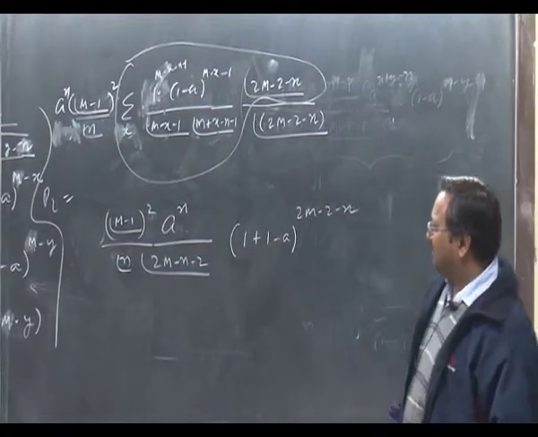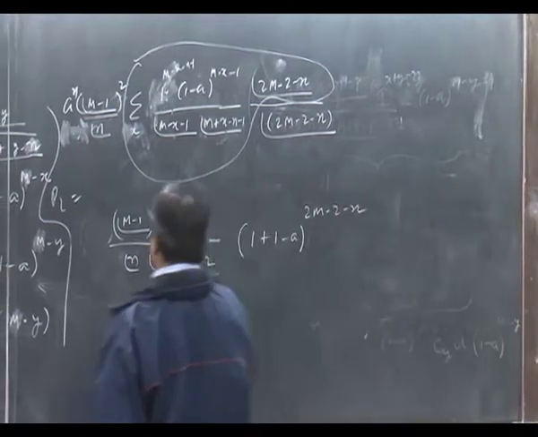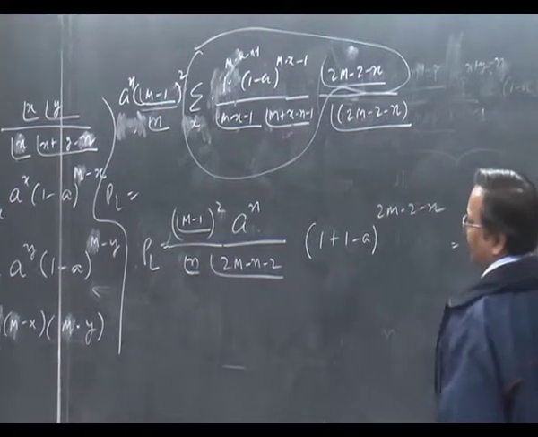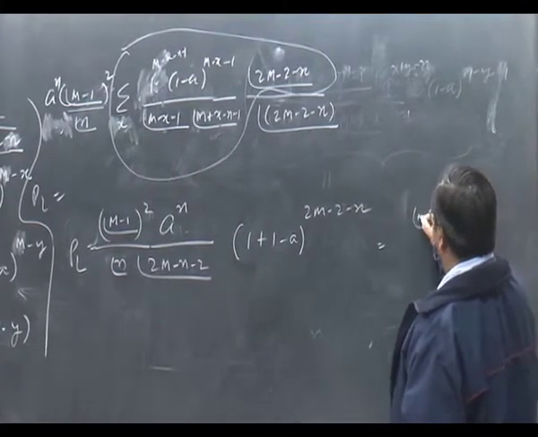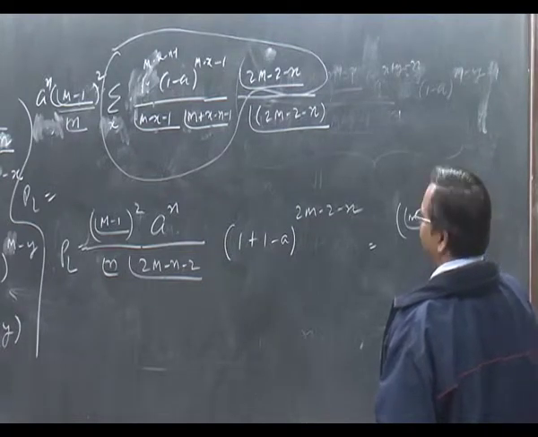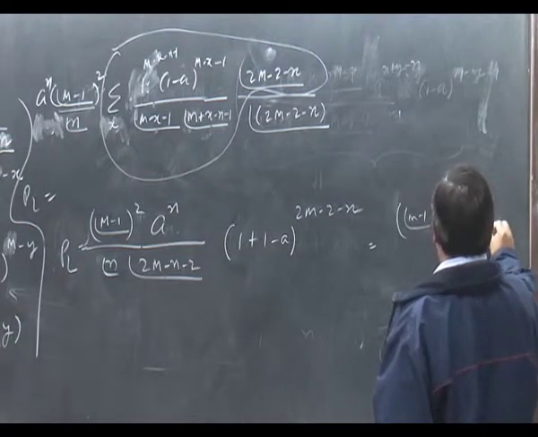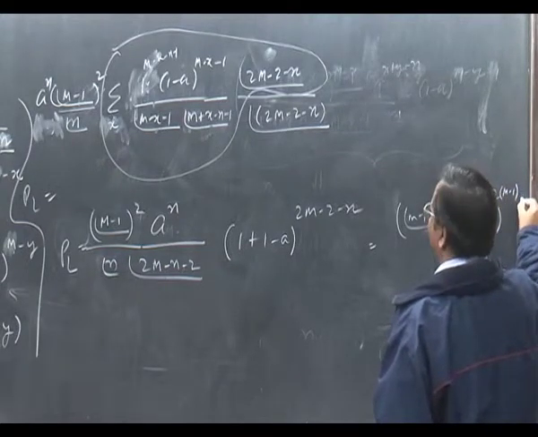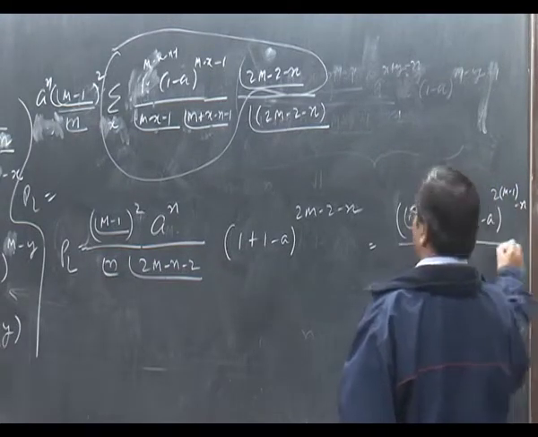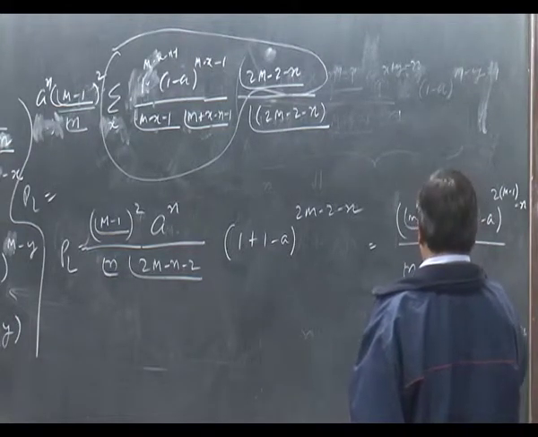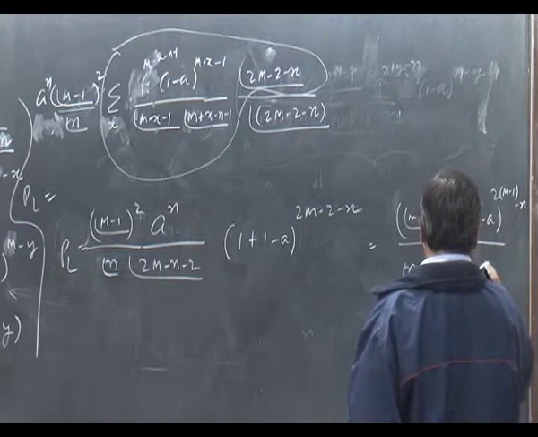So this is the closed form expression for probability of call loss. I will write it as m minus 1 factorial, a raised power n, 2 minus a, 2m minus 1 minus n, over n factorial, 2m minus 1 minus n.